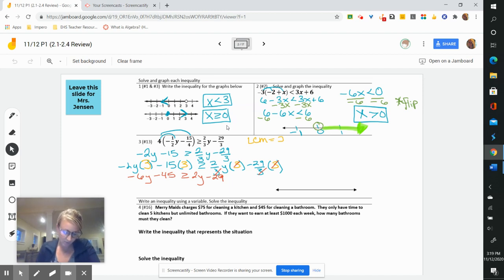Again, I prefer to keep the variables on the left side to make it easier to graph in the end. So I'm going to move this positive 2y. I want to move it to the left side of the inequality. So to do so, I have to subtract it.